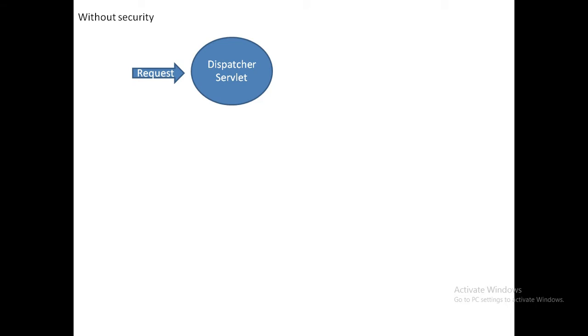So the dispatcher servlet checks all the URL mappings and forwards that request to the particular controller. Whatever controller is mapped for this URL gets called, and from this controller the particular method gets executed and we get the response.